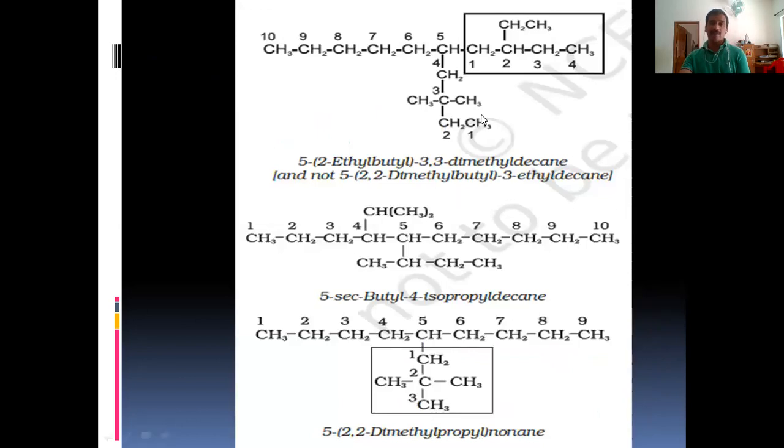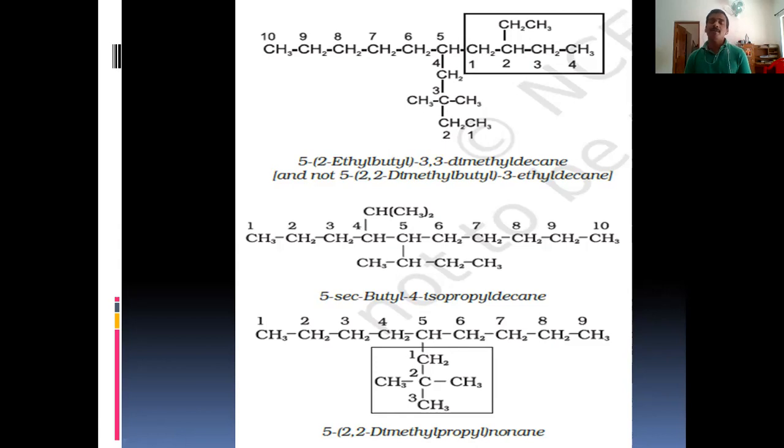Here we can see examples for such compounds. Here you can see in this compound, we can consider it as a substituent or we can consider it as a substituent. Here also there are 1, 2, 3, 4 carbon atoms. Here also 1, 2, 3, 4 carbon atoms.